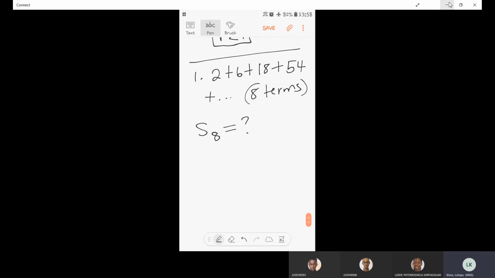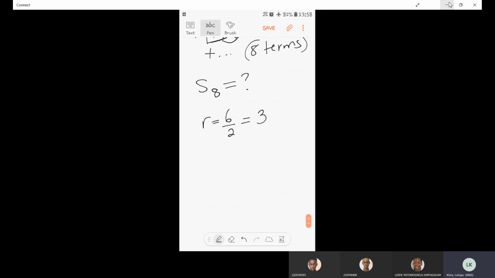Now to do that, we know what a is. To work out what r is, we just look at the second term and then we divide it by the first one. So r is equal to 6 divided by 2, and this is equal to 3. So now that I have my a and my r, let me just write that a is equal to 2.